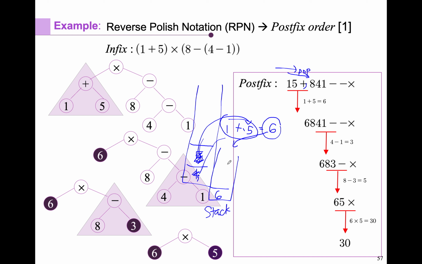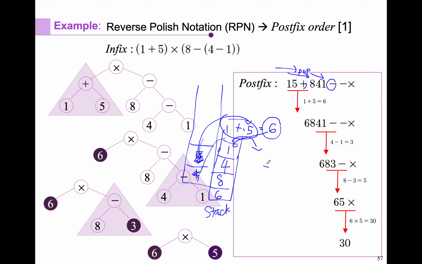You meet 8, you will push. You meet 4, you will push. And after that you will meet 1, you will also push. But then you meet an operation. Operation, what are you going to do? You're going to pop.